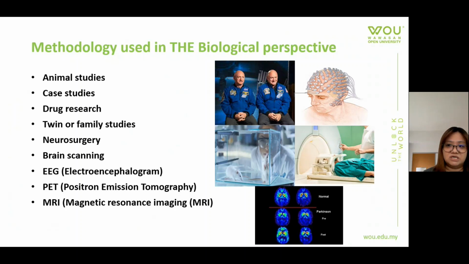We also have drug research. For example, recently we just went through the COVID-19 pandemic, the coronavirus attack. In order to come up with all the vaccines and the medications, we actually need to do some testing first.